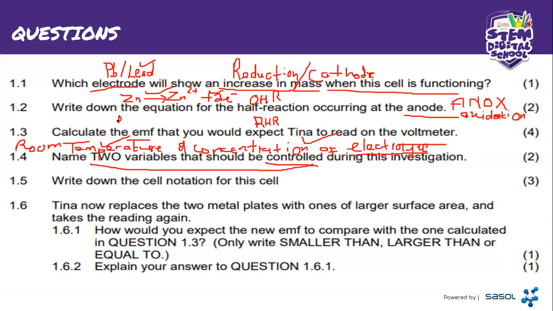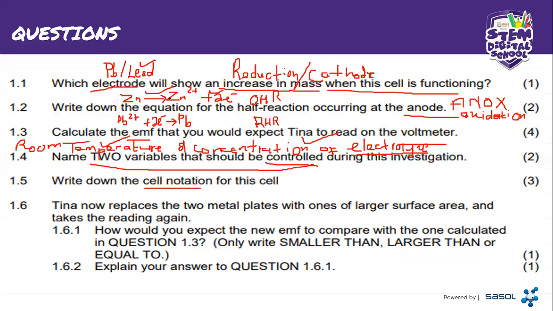From left to right, it will be Pb2+ plus 2 electrons, and that is going to give me Pb. So if they wanted the reduction half reaction, this is what I would have written. But this is not what they asked me. They want the cell notation.